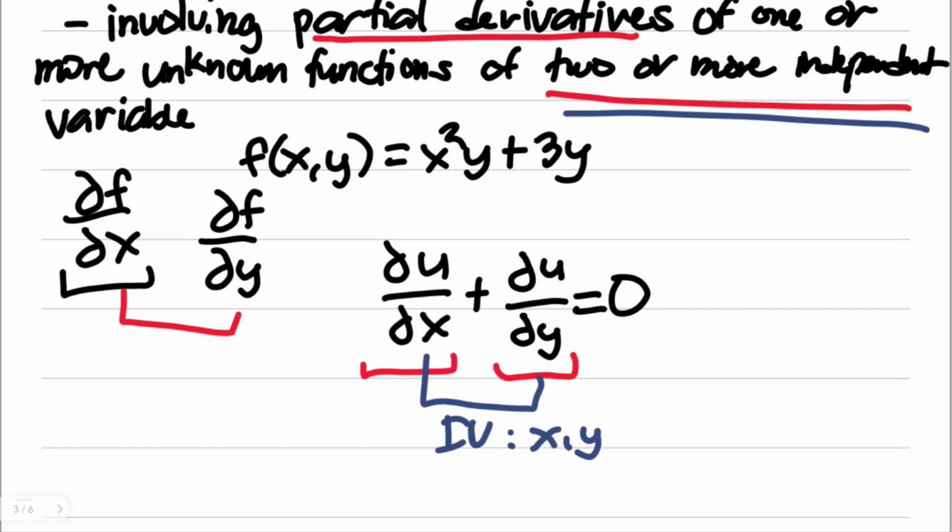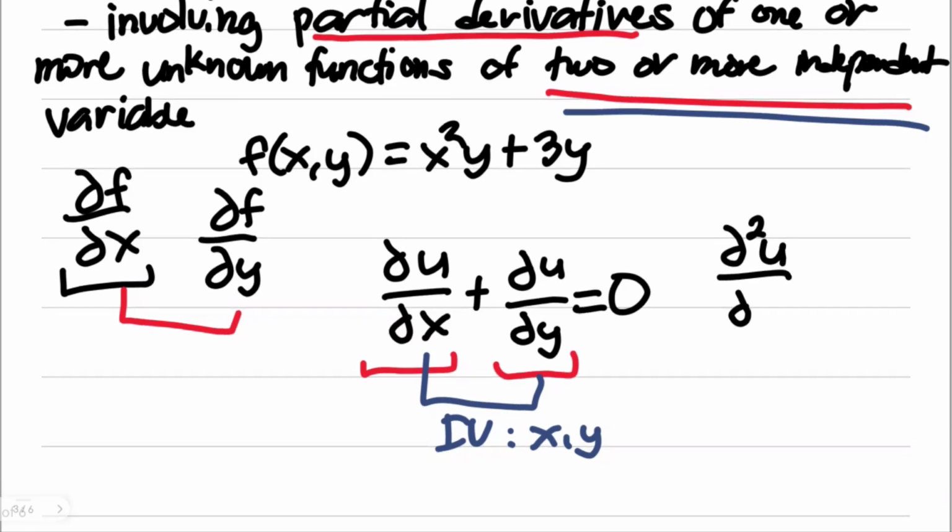Some other examples would look like this. If you have, say, the second order partial derivative of u with respect to t is equal to 5t minus the second order partial derivative of y with respect to x. Both of them are second order and they are both partial derivatives.